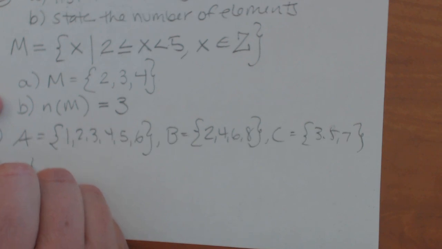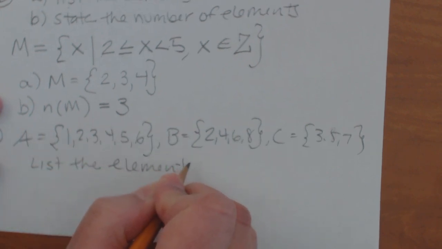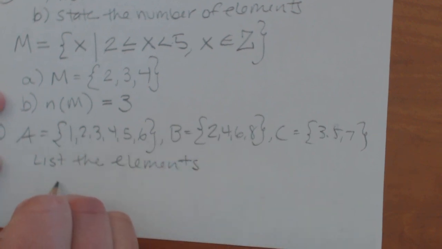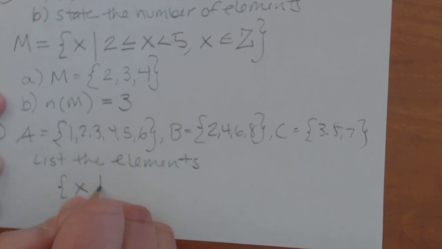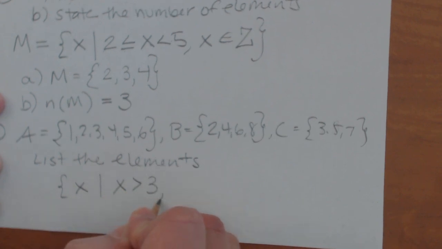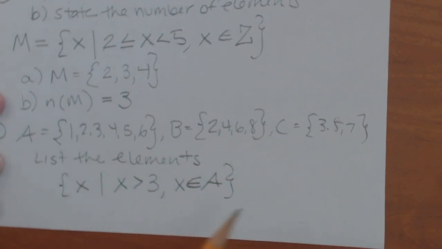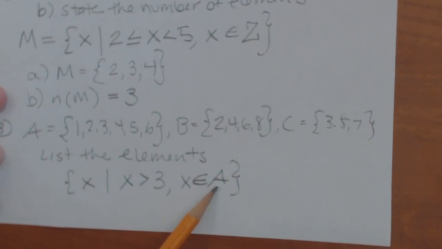List the elements, and you are going to have X such that X is greater than 3 and X are going to be elements in set A. So you have to look where set A is.